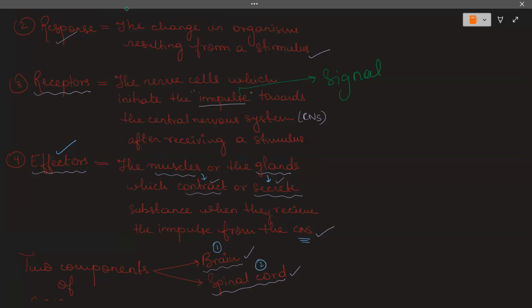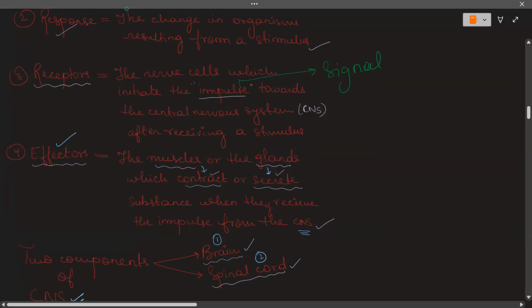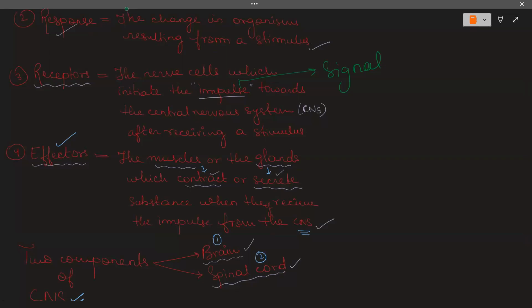Our central nervous system consists of the brain and the spinal cord. So once the stimulus is received by the receptor, the receptor sends an impulse towards the central nervous system.